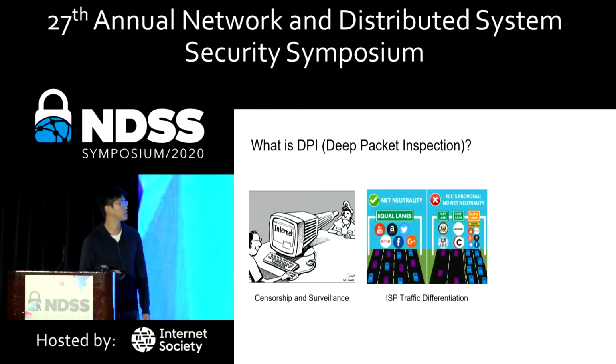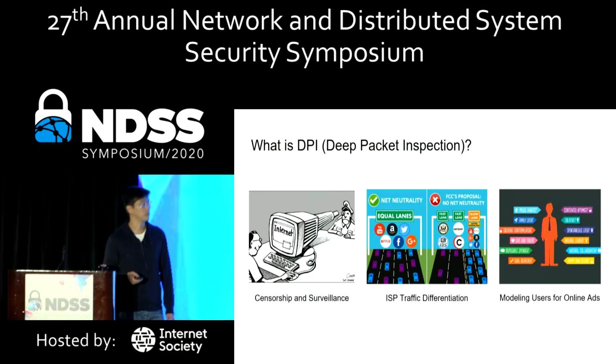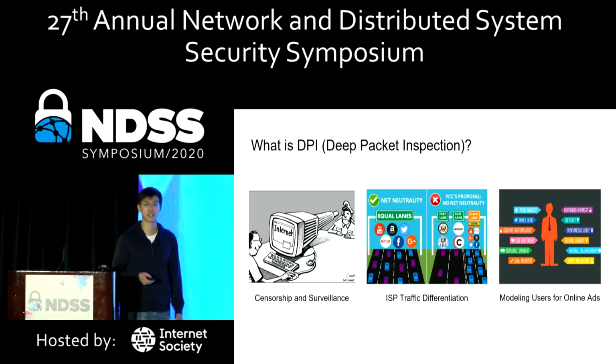The ISPs can also identify the websites or services you are using. They may do traffic differentiation to throttle some types of traffic, like P2P traffic or video streaming traffic, for their own benefit. Since the ISPs know what websites you are visiting, some of them may sell the information to third-party advertising companies to make profits.